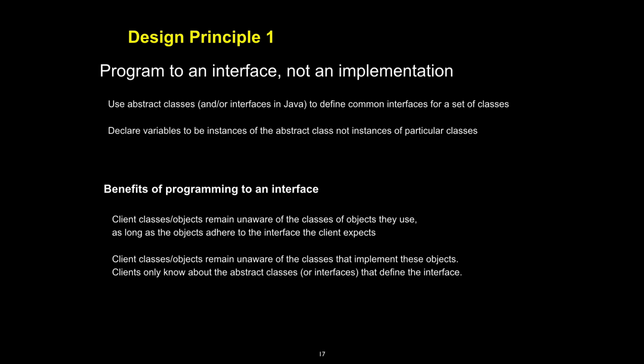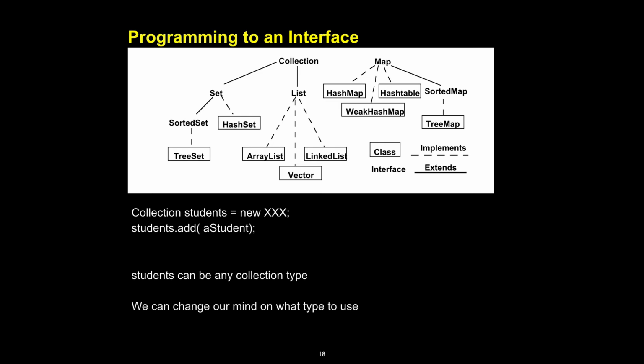Right, and the collection hierarchy is a common example where we can say, look, okay, if we declare it to be a collection of students, then it could be an array list, it could be a vector, it could be a bag, it could be a set.